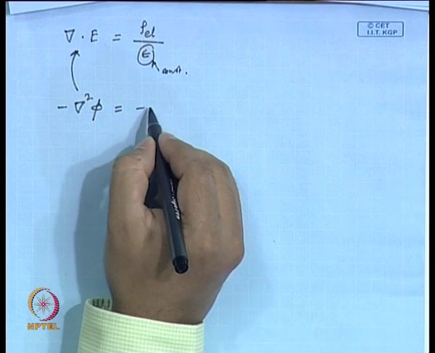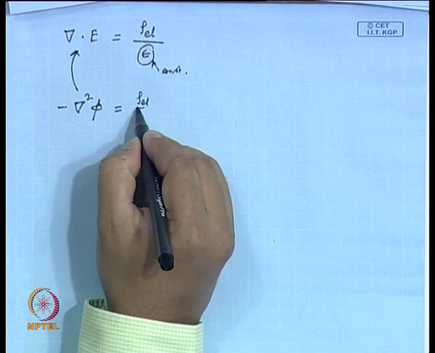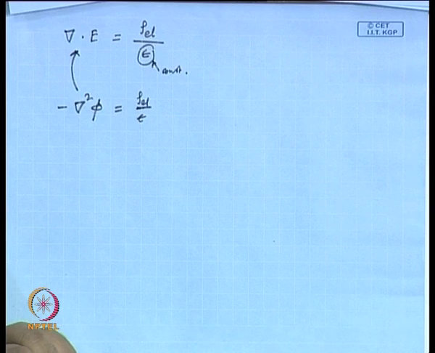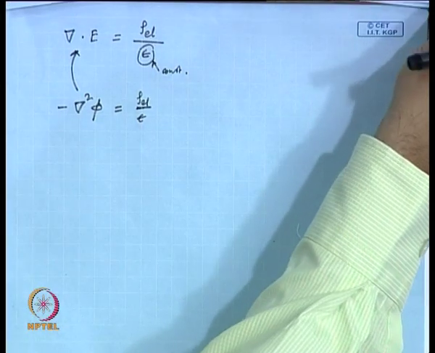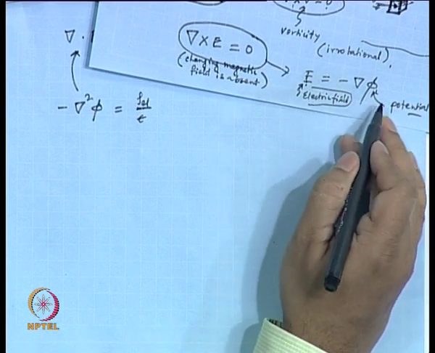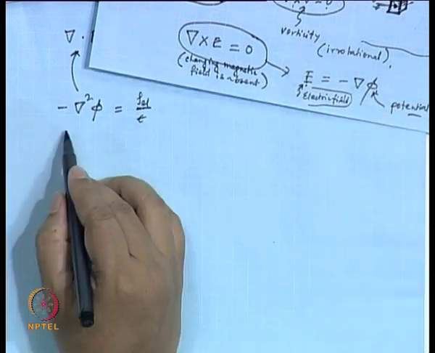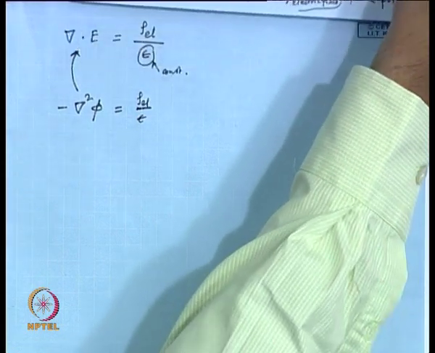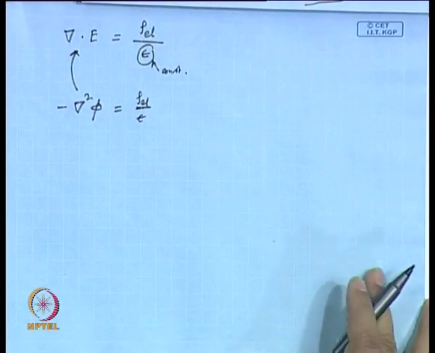So, that is equal to rho E L by epsilon, because that is exactly what we said. E is equal to minus delta phi. So, you can write minus delta square phi is equal to rho E L by epsilon if epsilon is constant.